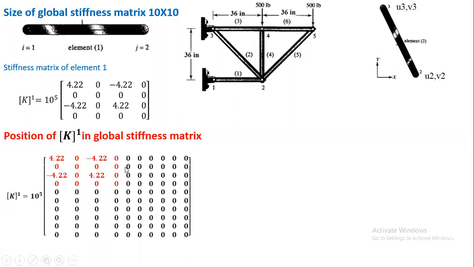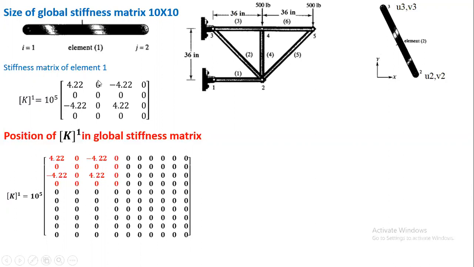Now u1 is the displacement of node number 1, and that node number 1 is attached to element number 1. So your coefficient in the stiffness matrix, k11, should be associated with element number 1. That means the coefficient of element number 1 should have location at 1 1.